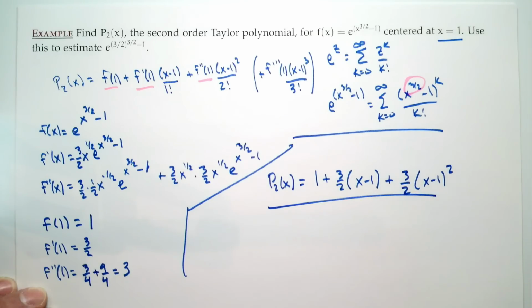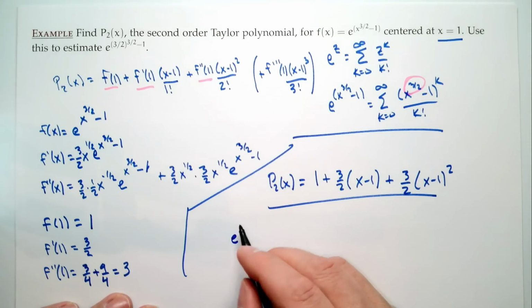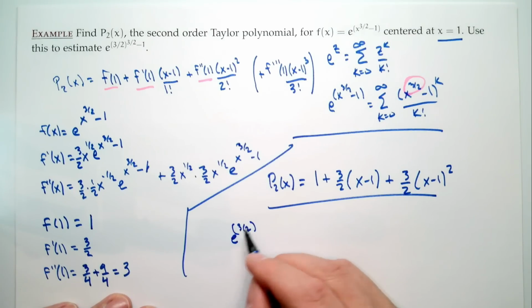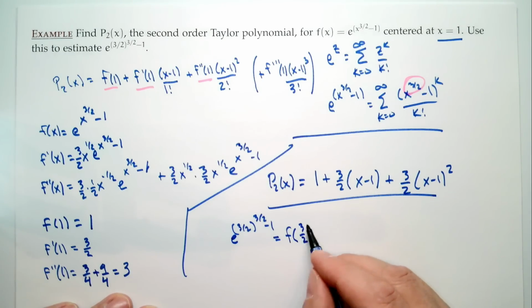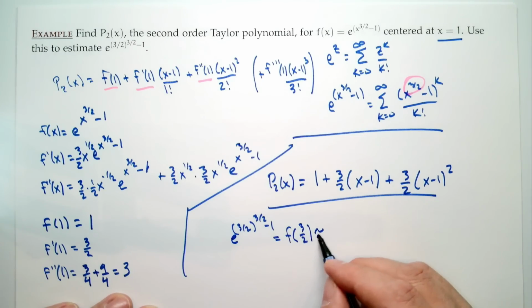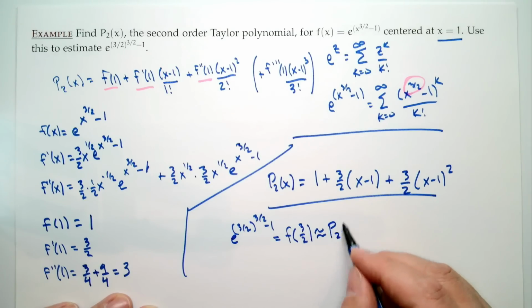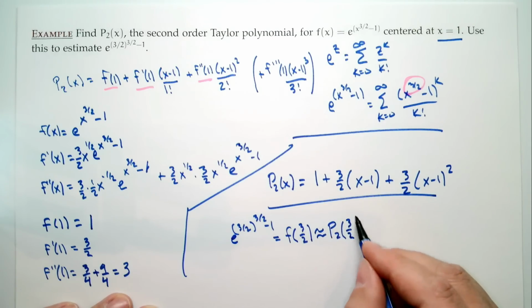So that's the answer to the first part. The answer to the second part is we want to use this to estimate e to the 3 halves to the 3 halves minus 1. So e to the 3 halves raised to the power of 3 halves minus 1, that would be what would happen if we plugged in f at 3 halves. That's approximately what happens if we plug 3 halves into our Taylor polynomial.